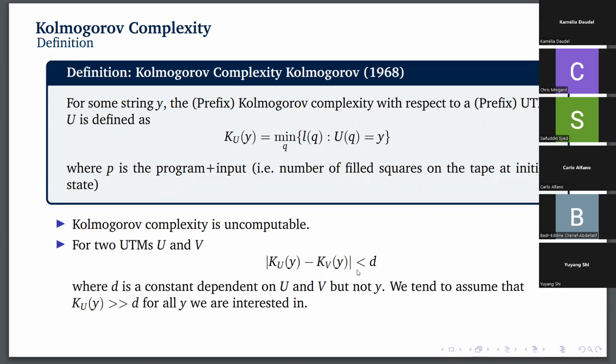The intuition behind this is that if I take universal Turing machine U and I want to simulate universal Turing machine V, that will take some amount of code of length d. So I know that the complexity on Turing machine V must be less than or equal to the length of the program required to simulate U plus the length of the shortest program on U that works.